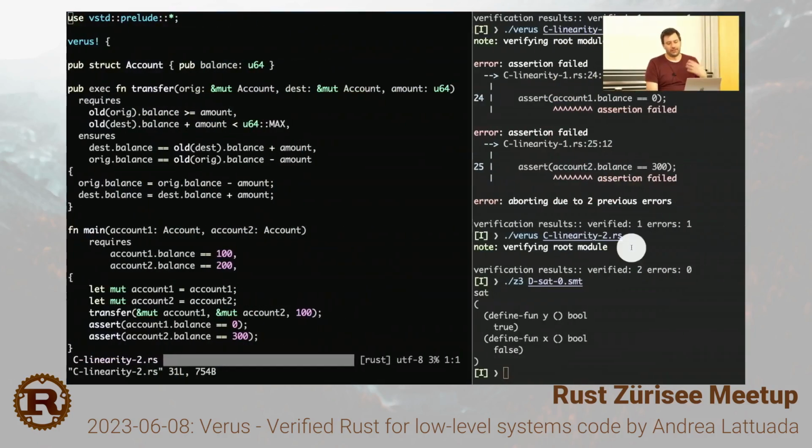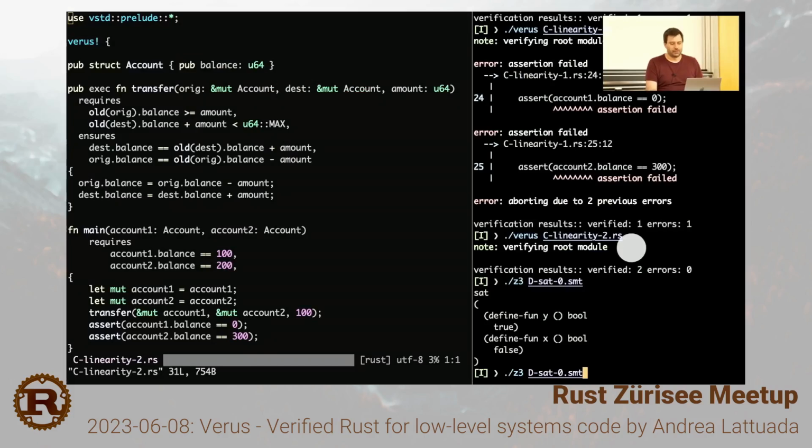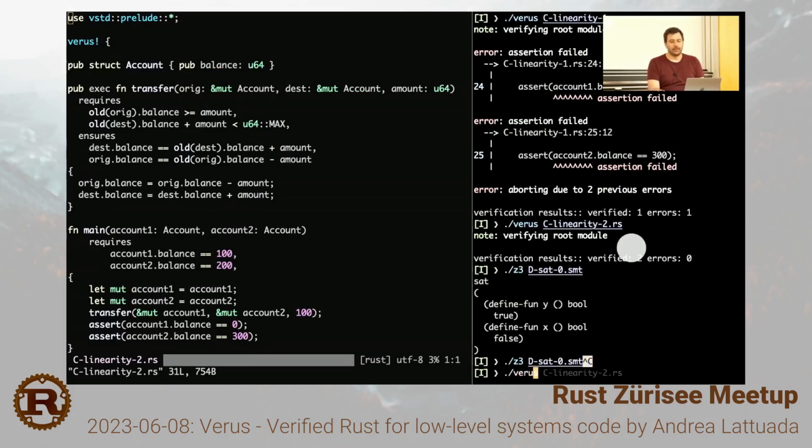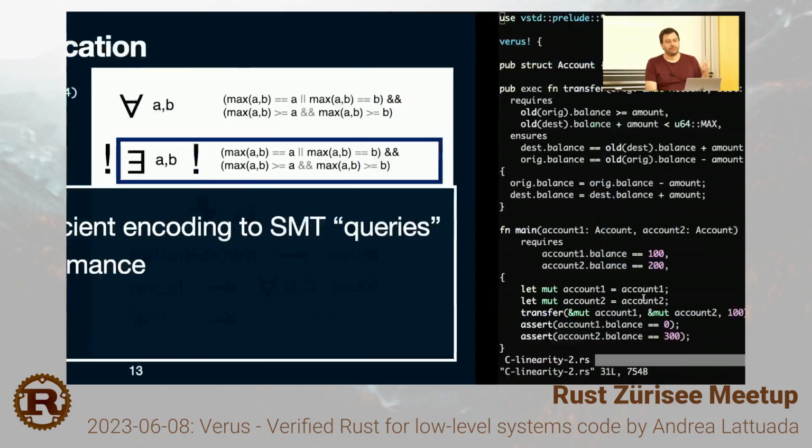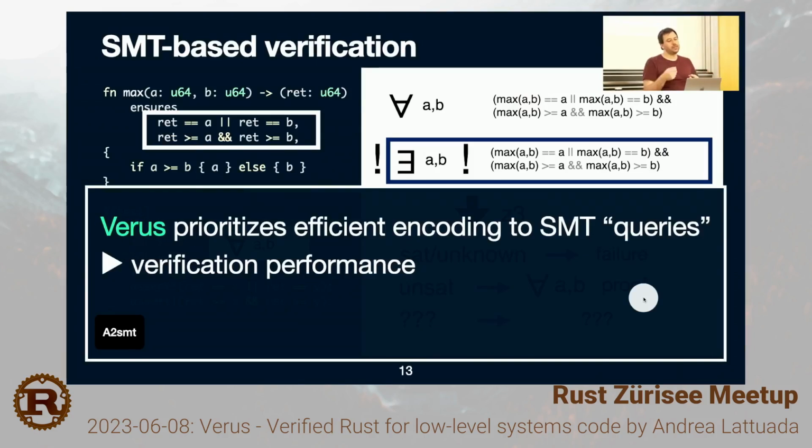If you're seeing that it takes us a very short time to get a response, that's a very explicit design goal for Verus of getting a verification result back quickly in an amount of time that resembles how it would look like to just cargo check something, right? It takes longer for more complex functions, sometimes significantly longer, but that's very much our focus. And we achieve this by prioritizing efficient encoding to SMT queries, so the way we encode the program in Verus.